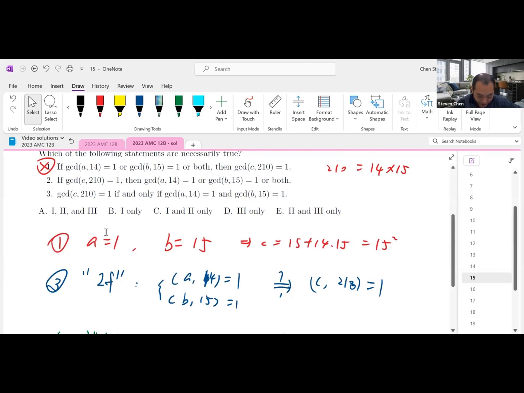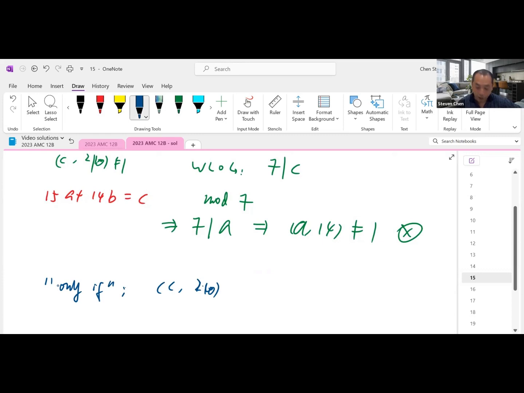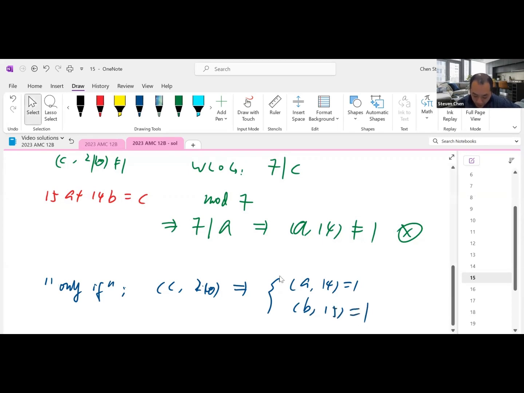Next, let's look at the only if part in statement 3. So for the only if part, we need to prove the following result. Suppose we know that C and 210 are relatively prime. Then we need to prove that both A and 14 are relatively prime and B and 15 are relatively prime.